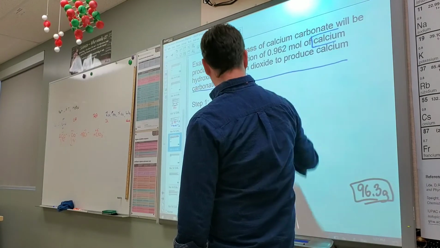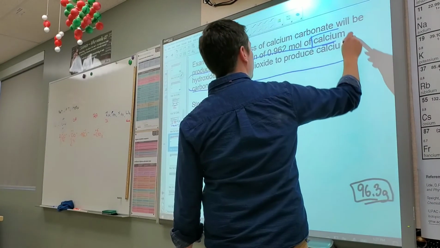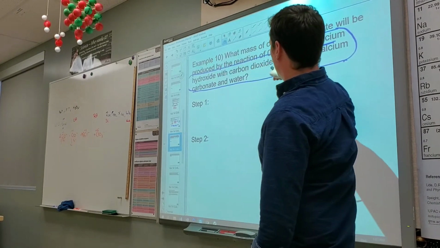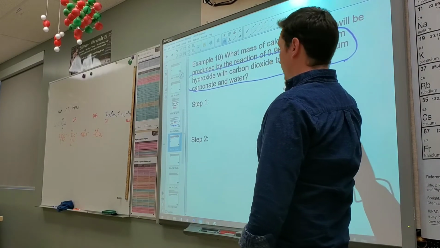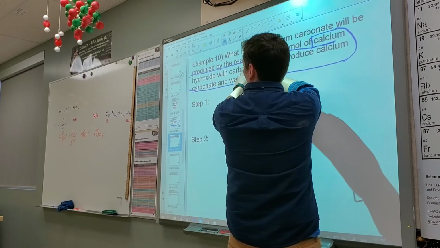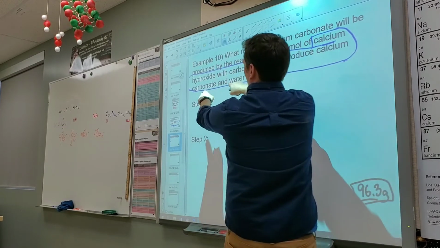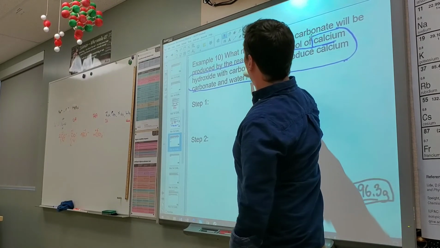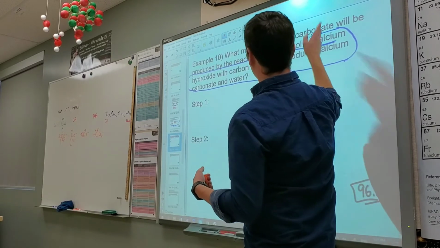So basically this is your reaction: calcium hydroxide with carbon dioxide to produce calcium carbonate and water. That's your reaction. And then it just says what mass of calcium carbonate, so you put an M with a question mark, and this many moles of calcium hydroxide.